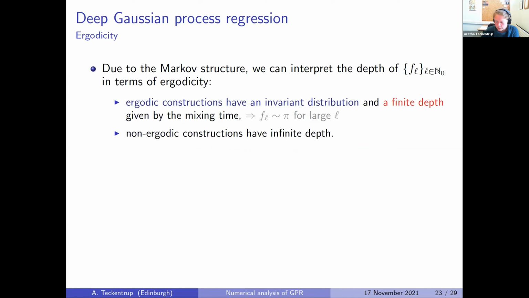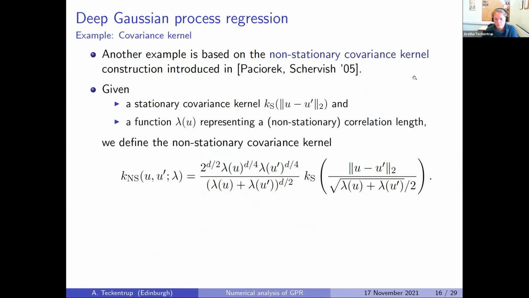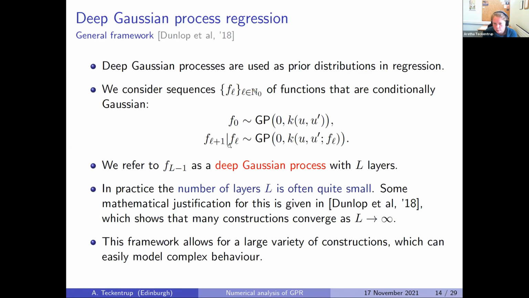Okay? So in particular, the way that we've constructed our deep Gaussian process and this sequence of processes F_L, right? So if we remember back to how we constructed this in the beginning, you start with F_0, then you construct F_1 given F_0, then F_2 given F_1, and so on. So that construction naturally gives you a Markov chain. Okay?